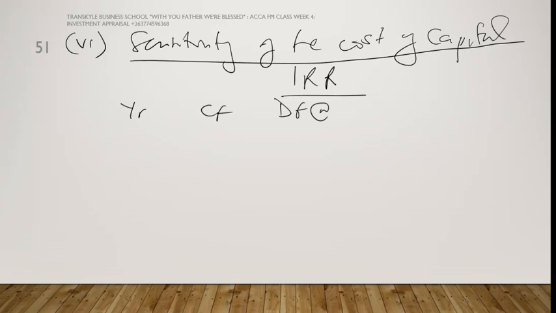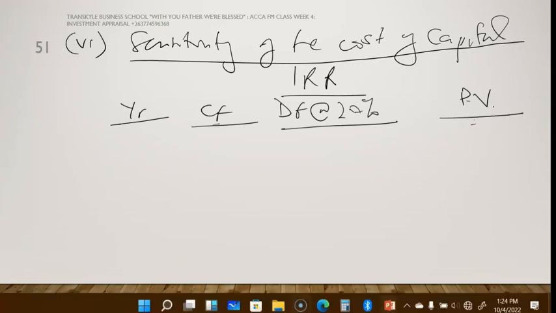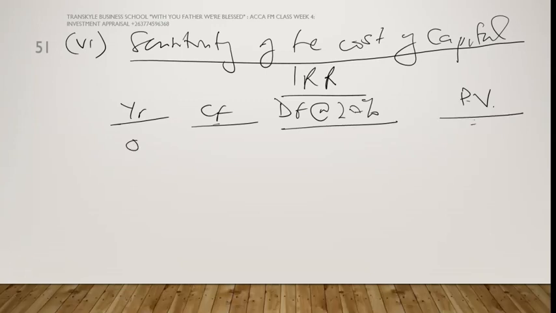So let us hypothesize a 20% rate. At 20%, what is the PV? The investment is in year 0, and it's a 15-year investment, so we're having a 15-year annuity as usual.